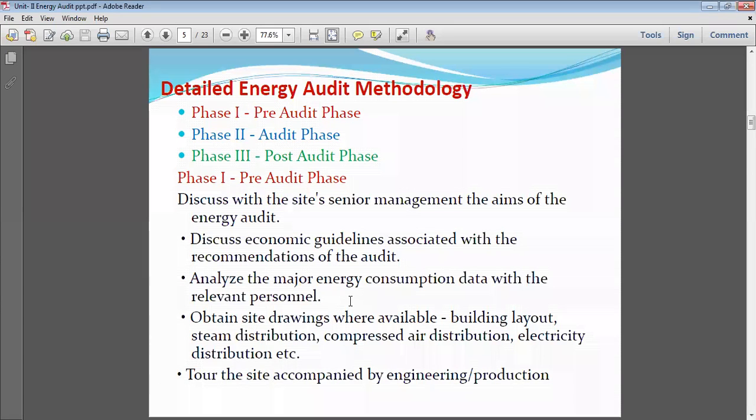Obtain the site drawing, whichever is available. The objective of the site drawing is that the energy auditor can understand the distribution of steam lines, hot water, cold water, cooling system, and electrical distribution system.